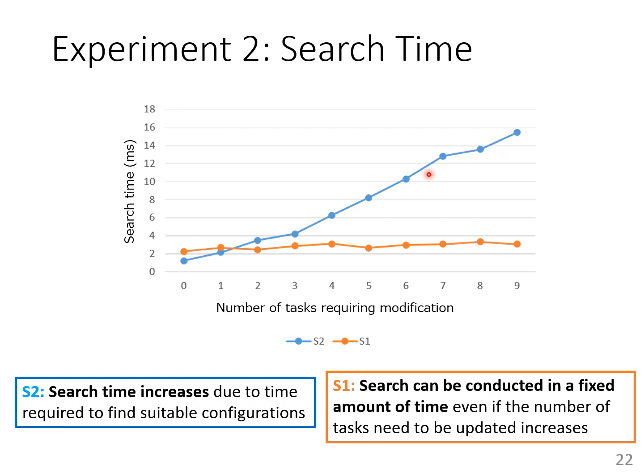On the other hand, with our method S1, the search time remains nearly constant, regardless of the number of affected tasks. This shows that our method scales better and is more efficient where multiple tasks should be modified for adaptation.